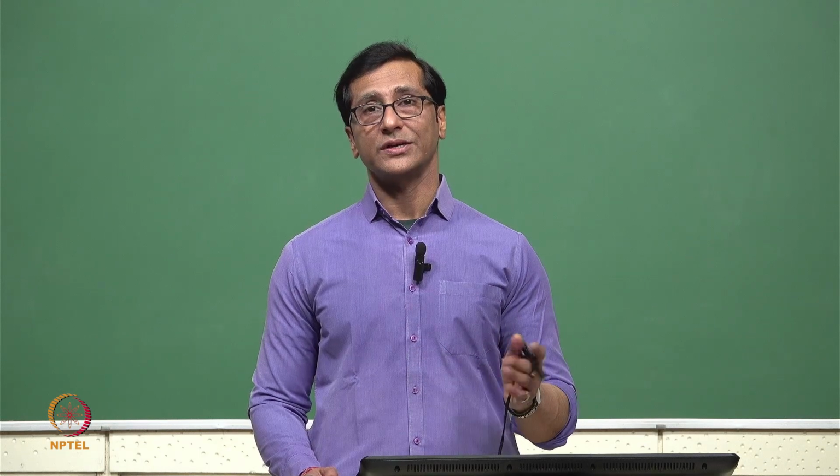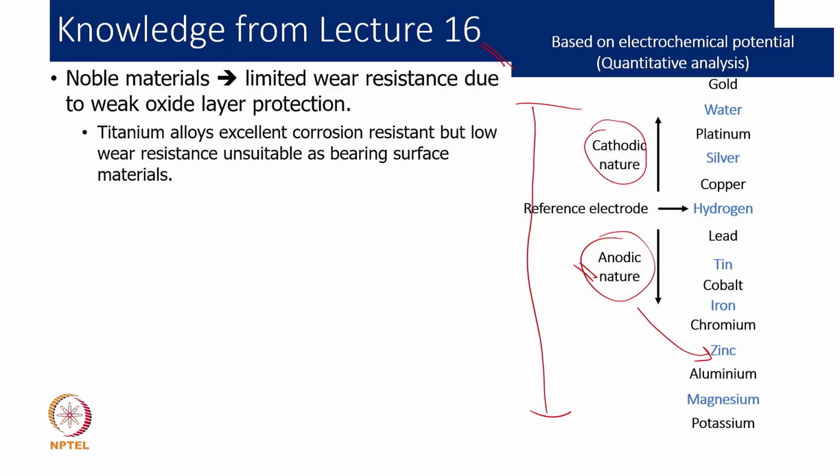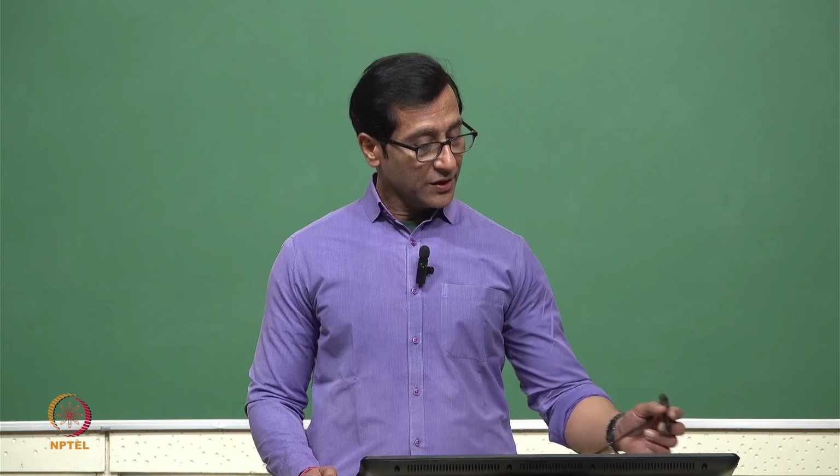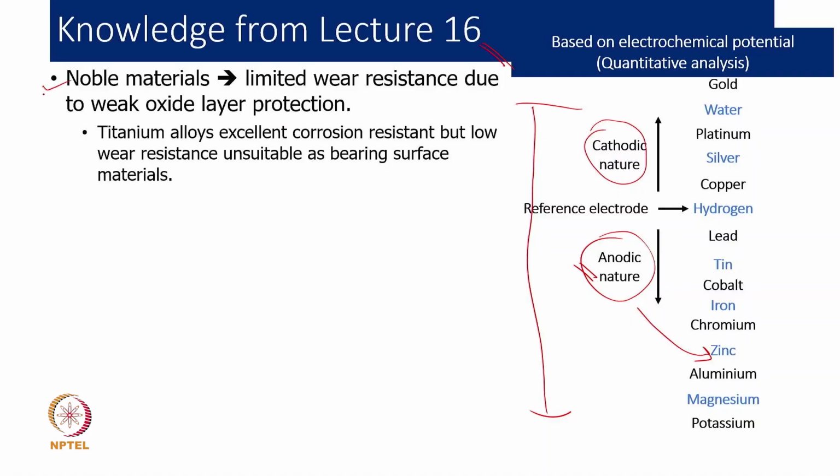So here there is a material deposition which is unwanted, and it will create a rough surface, and a rough surface will create a kind of additional abrasion. Now, when we were covering tribocorrosion, we gave a lot of emphasis to noble materials. Noble material is something like gold, platinum, silver.